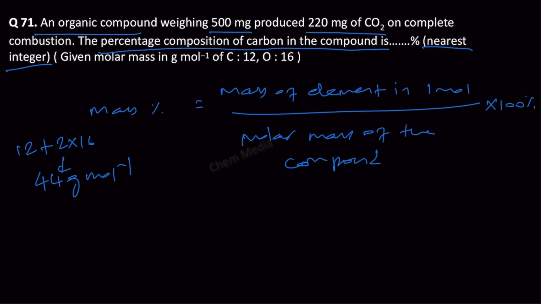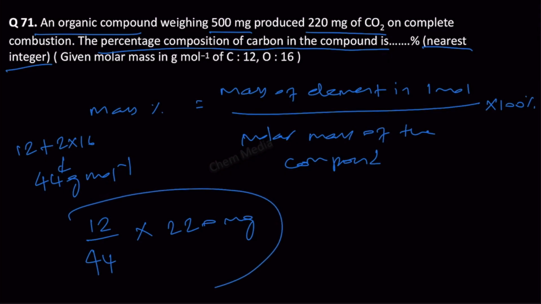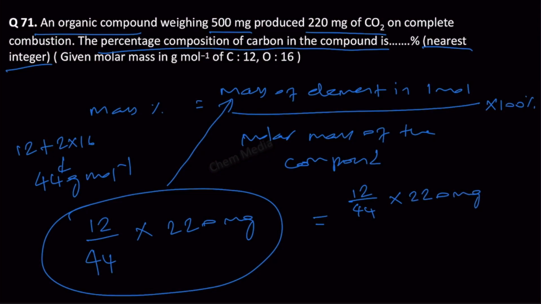So in 44 gram per mole, how much carbon is there? 12 gram. So 12 by 44. Therefore here we have to multiply this with 220 milligram. So that's our mass of element in 1 mole. So this is equal to 12 by 44 times 220 milligram divided by molar mass of the whole compound, that is 500 milligram, times 100.